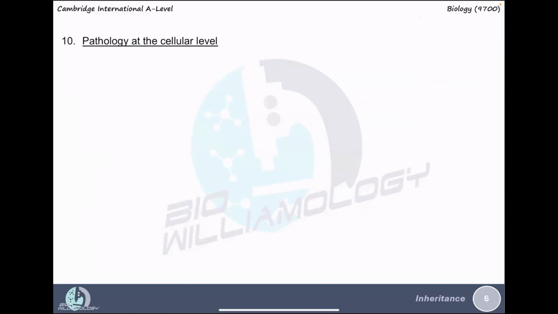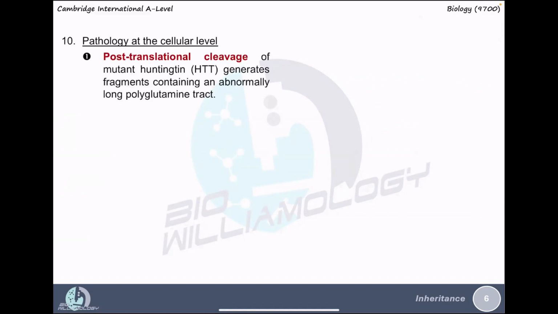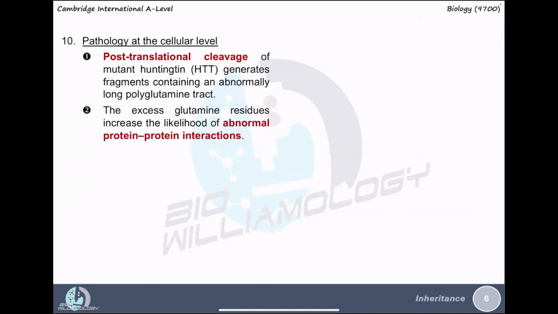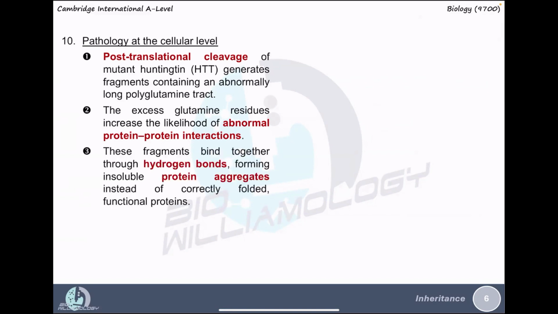What is the pathology at the cellular level? First, we have the post-translational cleavage of mutant Huntington protein, which generates fragments containing an abnormally long polyglutamine tract. The excess glutamine residues increase the likelihood of abnormal protein-protein interaction. These fragments bind together through hydrogen bonds, forming insoluble protein aggregates instead of correctly folding into the functional protein.